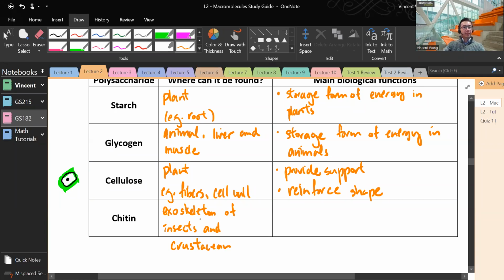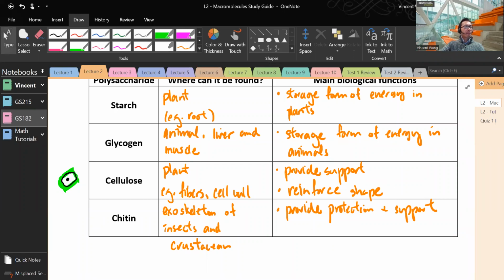Crustaceans are like lobsters, crabs, shrimp, kind of stuff that has a hard shell on the outside. And they again provide protection and support. All right. That's it for carbohydrates.